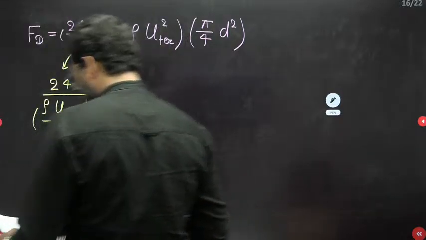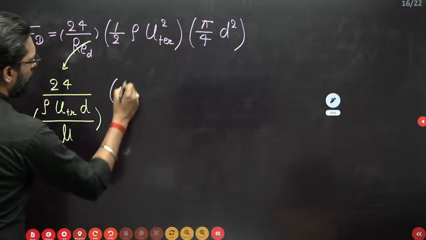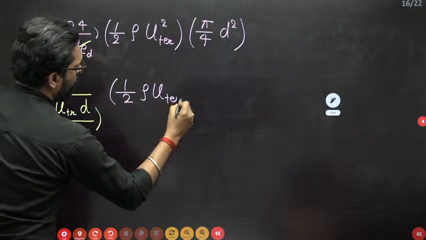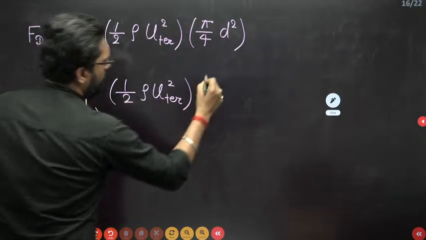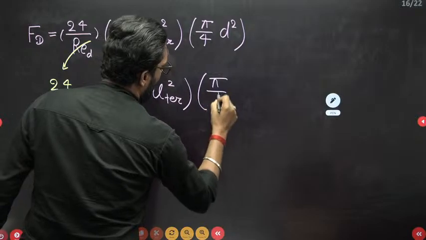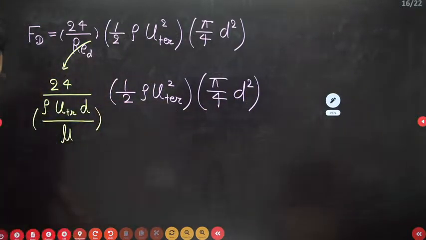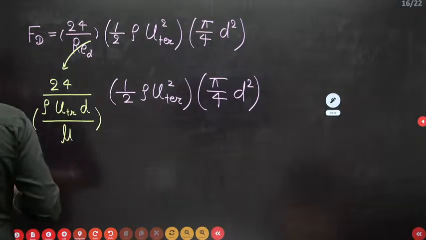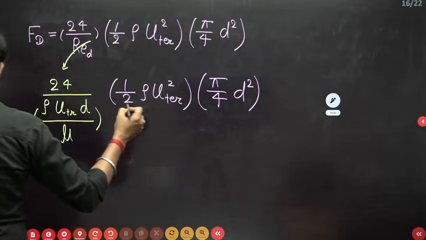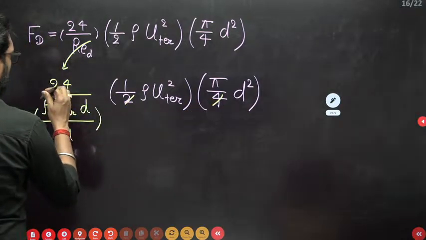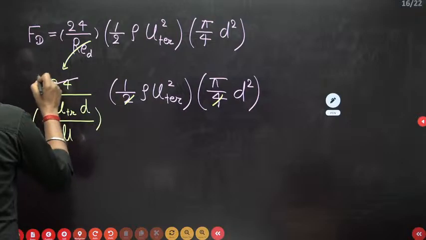So this is there, times half rho U terminal square times pi by 4 d square. Rearrange this all. That means there is something you can cancel: this 4, this 2, and this is your 3.